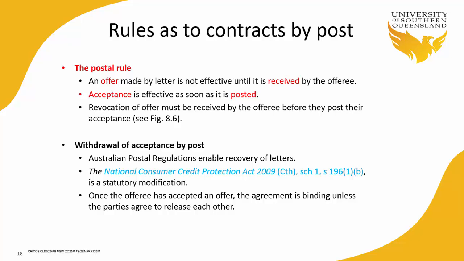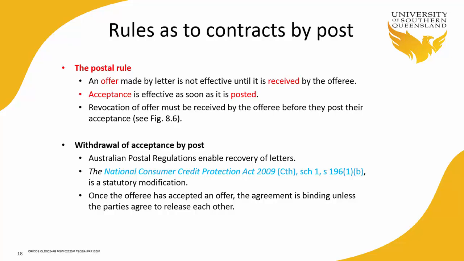The Commonwealth provides that a document sent by post that is related to consumer credit will be considered to be given on the date when it would have been delivered in the ordinary course of post.